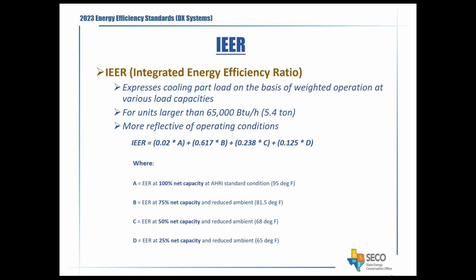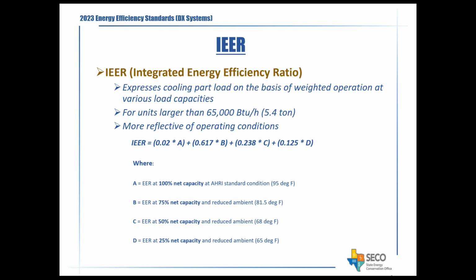It expresses cooling part load on the basis of weighted operation at various load capacities. Literally what they have done is what they used to do with chillers, when they came up with integrated part load efficiencies. The same thing has been done with the DX systems now, and they want to have a more realistic efficiency at different operating conditions.